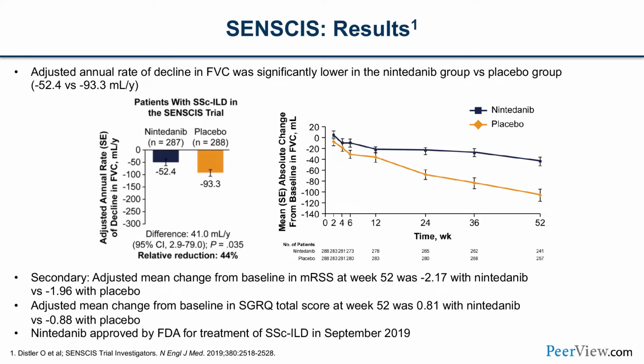If you look at the mean absolute change from baseline in forced vital capacity, that was much less in the Nintedanib group and significantly different than the placebo group as well. The placebo group over the course of the year declined by about 93 mils versus about 52 mils in the group treated with Nintedanib.